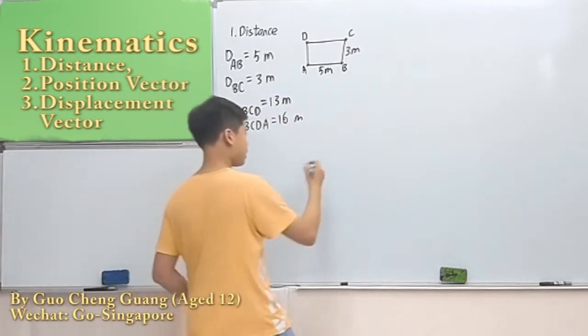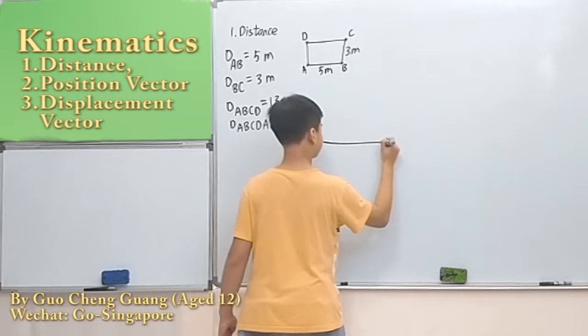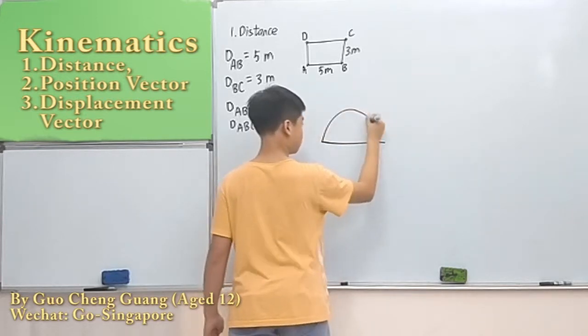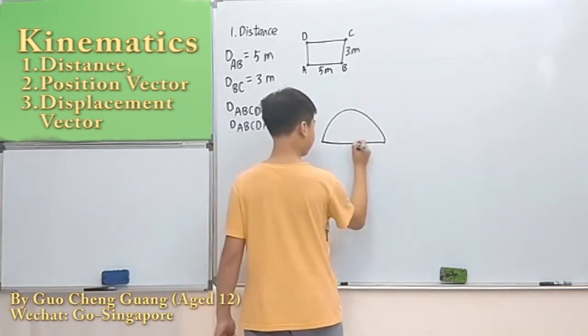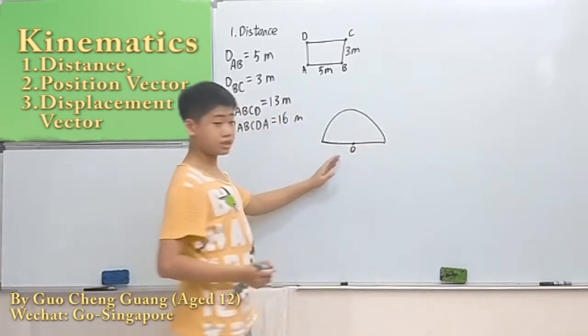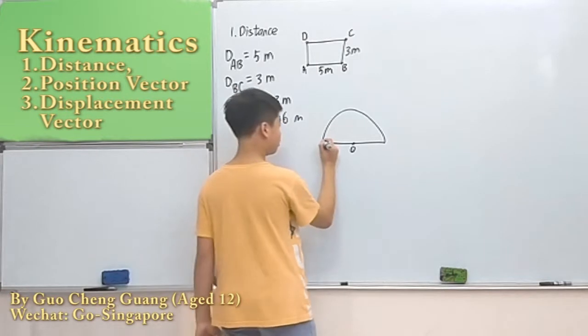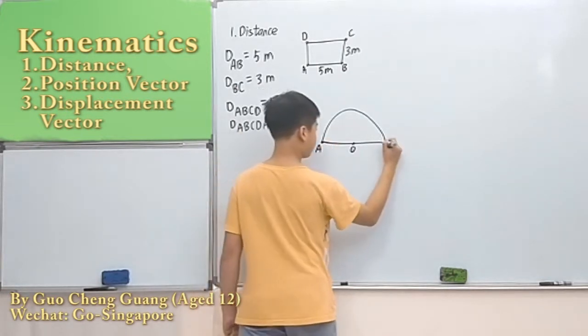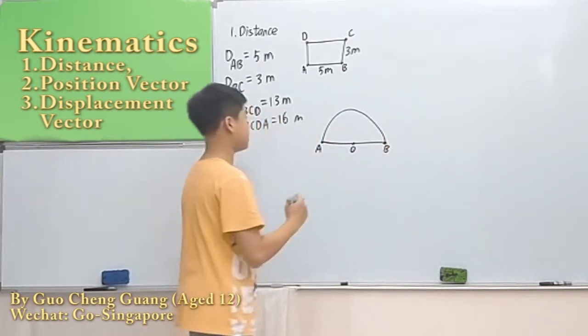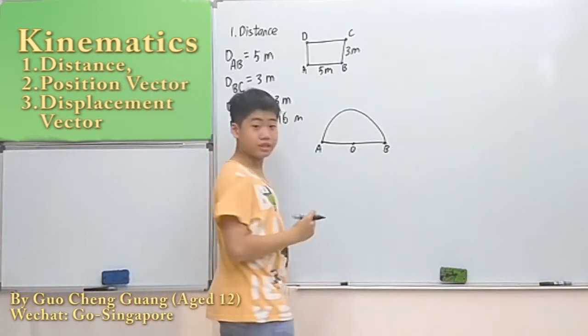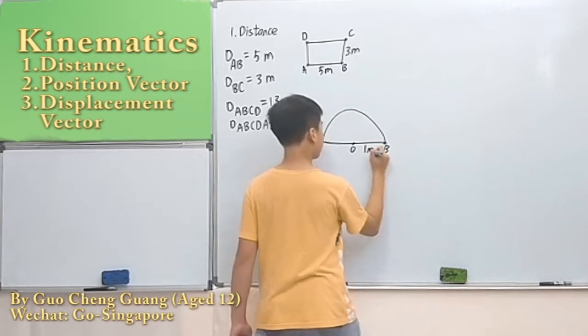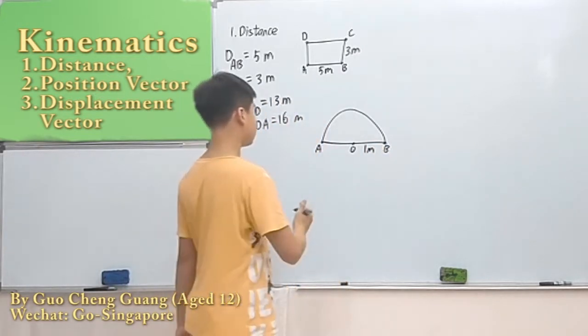How about another example here? Let's say we have this semicircle. For this semicircle, you have the center as O, and there is this A and this B. Then they give this radius as 1 meter.